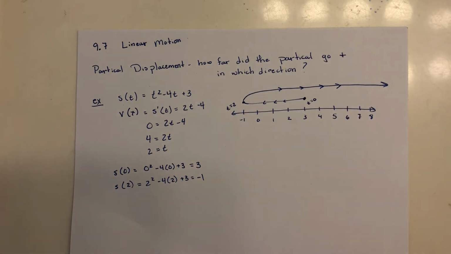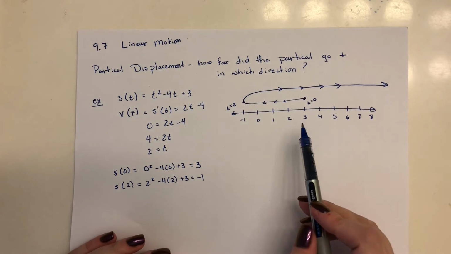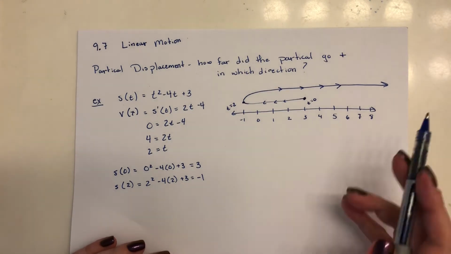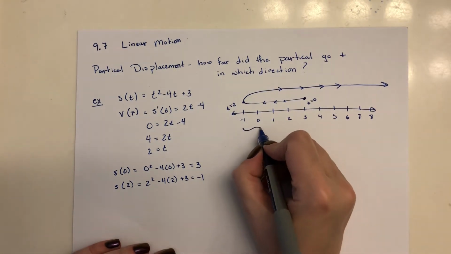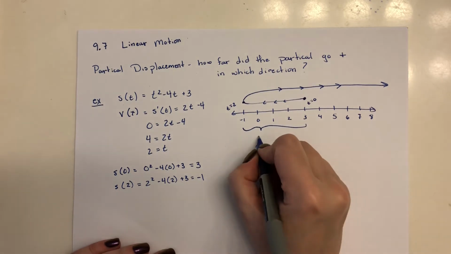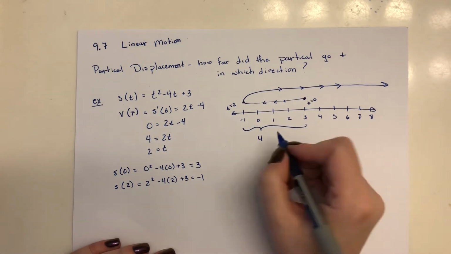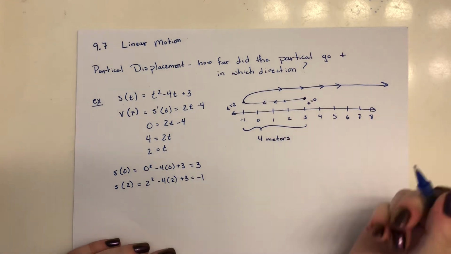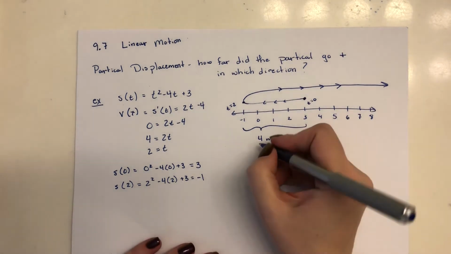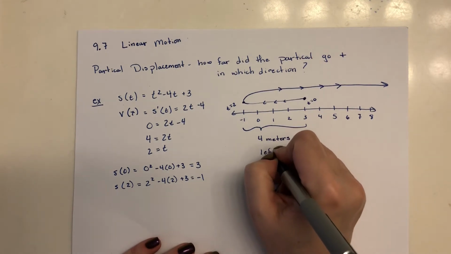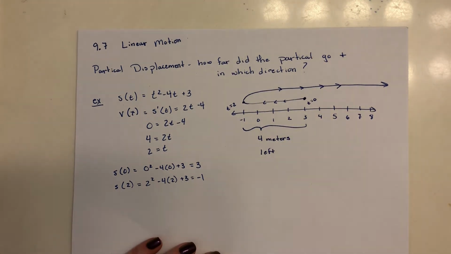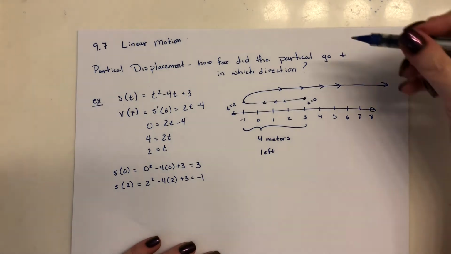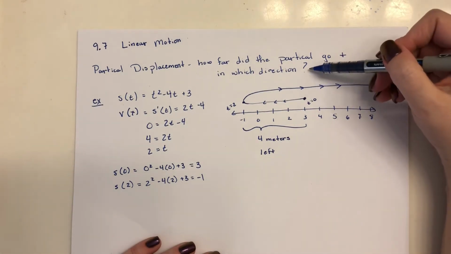So what I can tell from this is I know how far my particle went. It went 4 units, 4 meters. Okay, it went to the left 4 meters. So I can answer the question of how far did it go and in which direction.